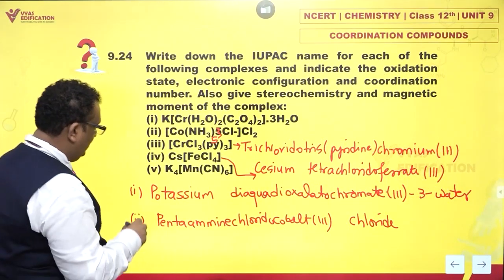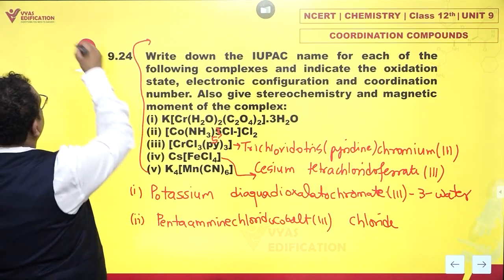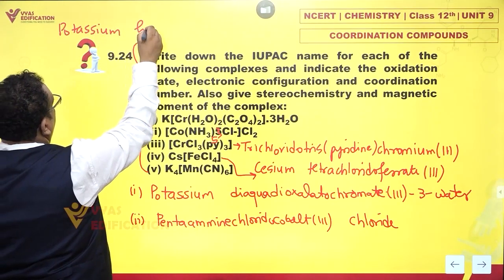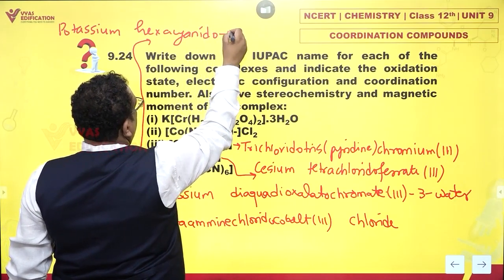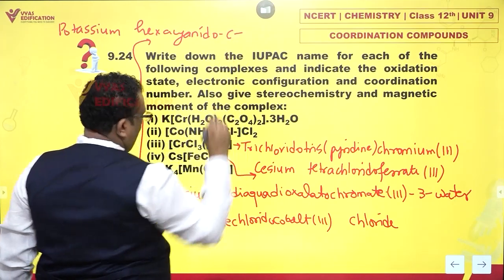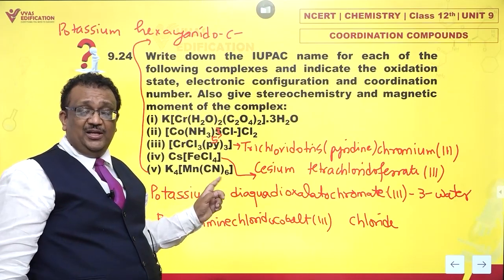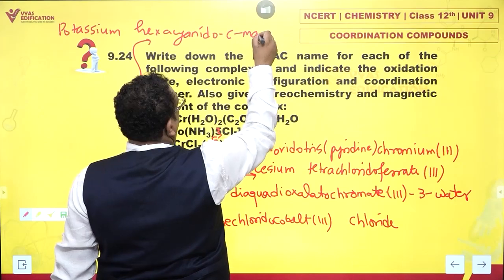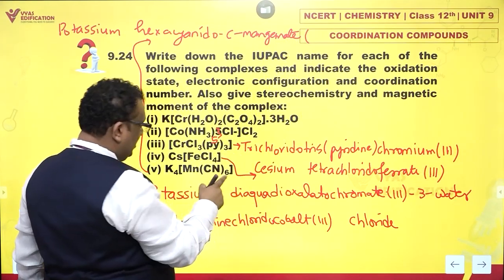Fifth part. K4Mn(CN)6. Potassium hexacyanido C manganate, and what is the oxidation number? +2.